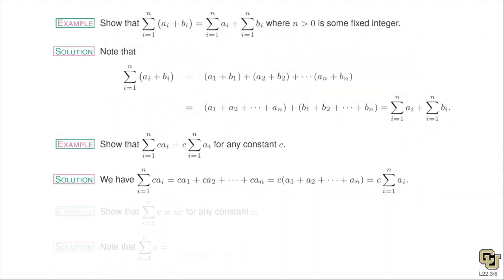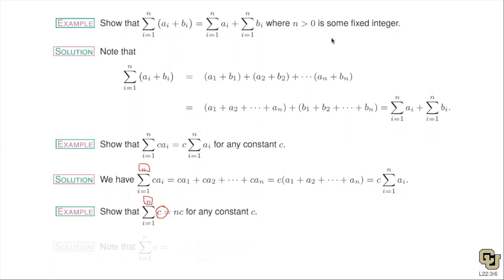Okay, so let me look at the next example. We've already done an example like this. It just looks a little more complicated because it's written a bit abstractly. Here C is a fixed constant, like maybe 2. Remember, N is a fixed constant in all of these, so maybe N is 5.